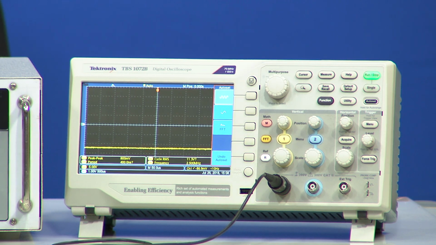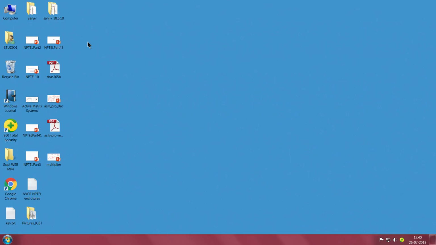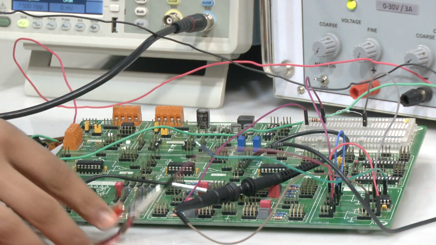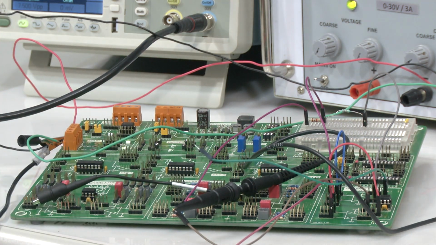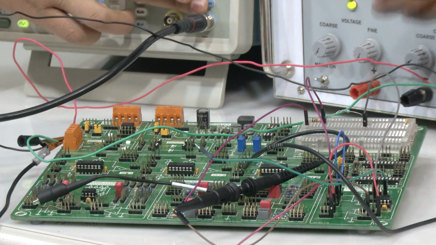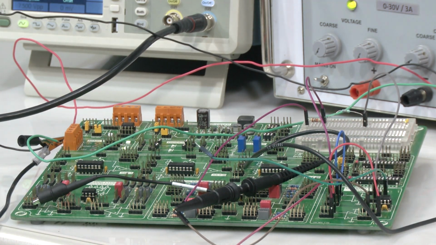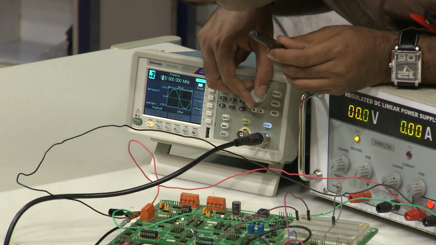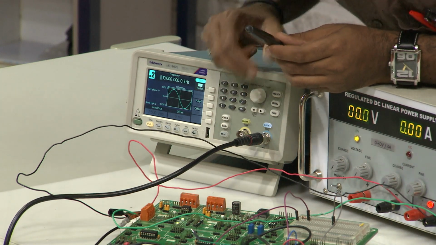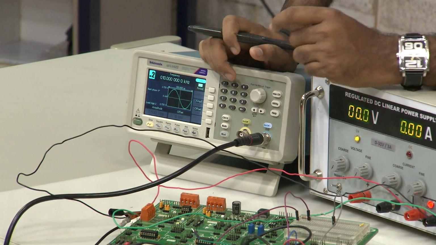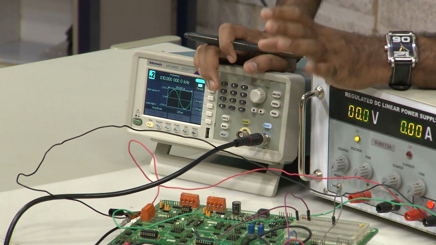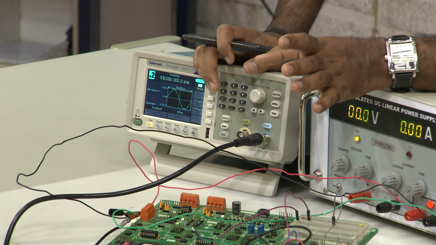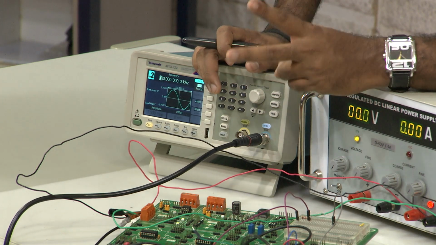So right now we are on the board, connecting the other circuit. Now we have connected the unity feedback circuit. So now the gain is 1 instead of 2.2.